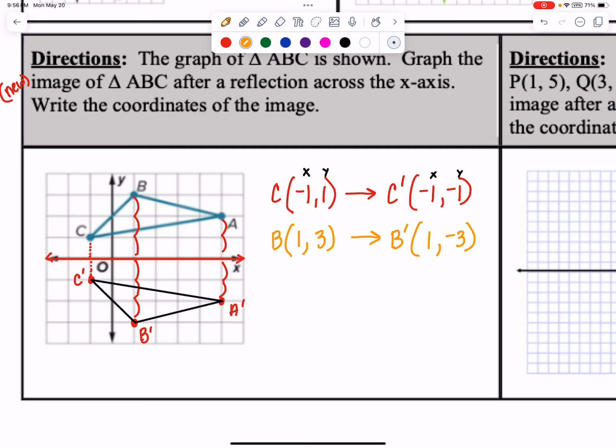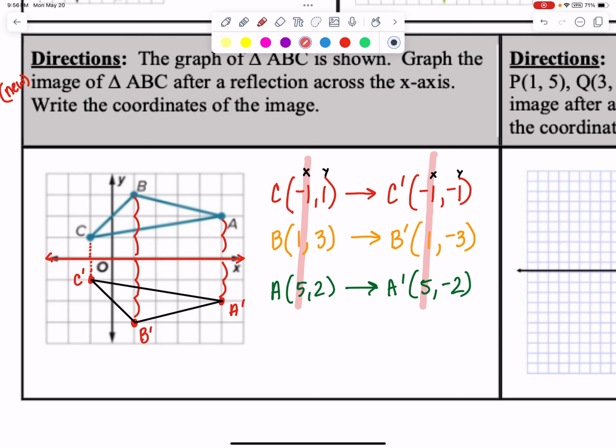Did the same pattern occur? And then we have A, whose ordered pair is 1, 2, 3, 4, 5, 2. And how did it reflect? It's still 5, so A prime is 5, but now it's -2. So what stayed the same throughout? You can see x stayed the same, but y changed the sign.